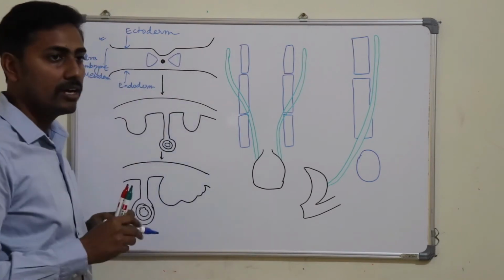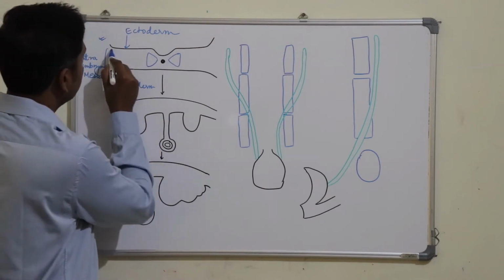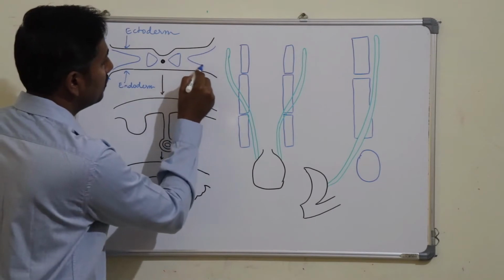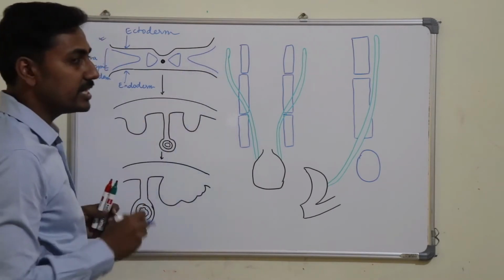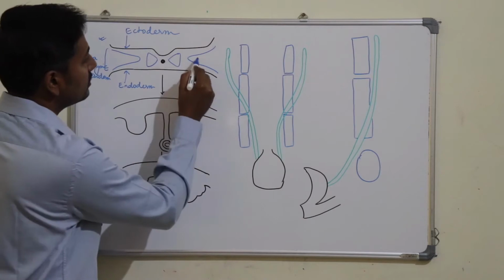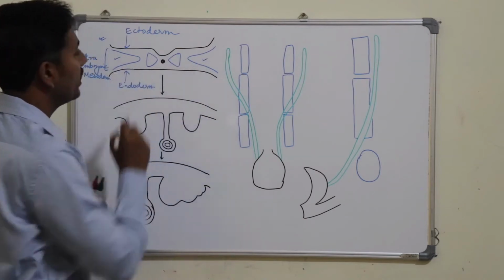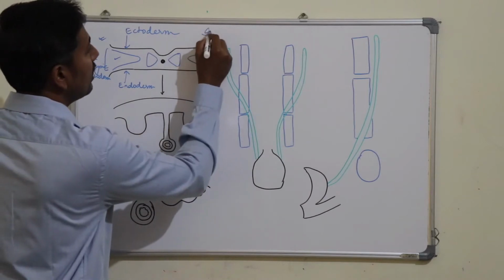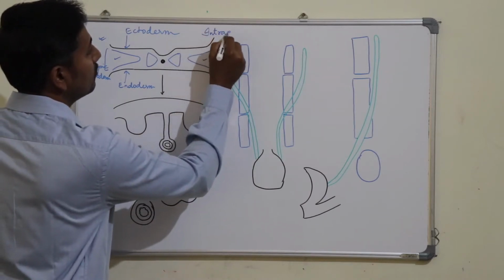On the two sides, or the periphery, lies the lateral plate mesoderm, which encloses a cavity. This cavity is known as the intraembryonic coelom.